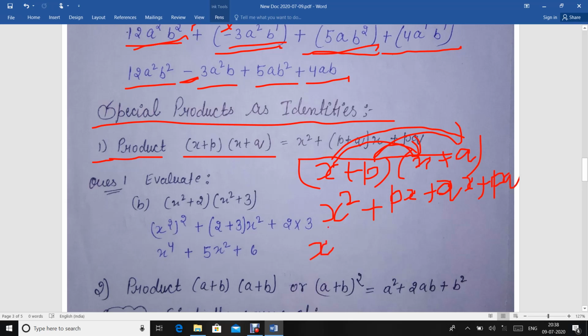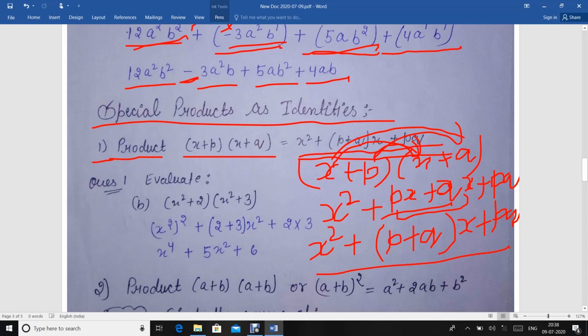Now in the terms x square plus px plus qx, x is common, so you can take out x as common and inside you are left with p plus q, and here is plus p into q. See, this equation and this equation are the same. So after opening the brackets and after the multiplication, you will get the same answer.